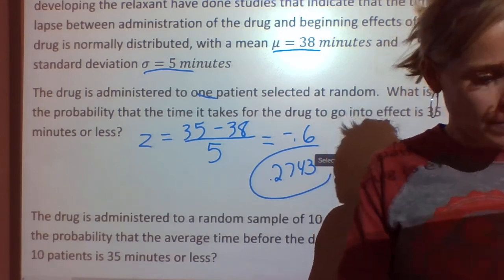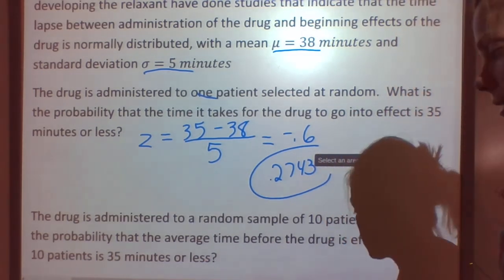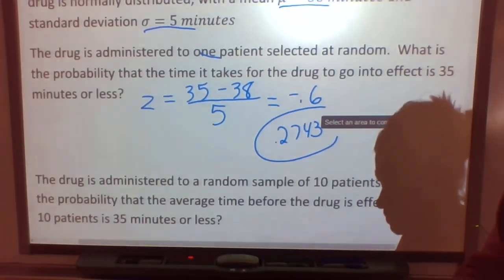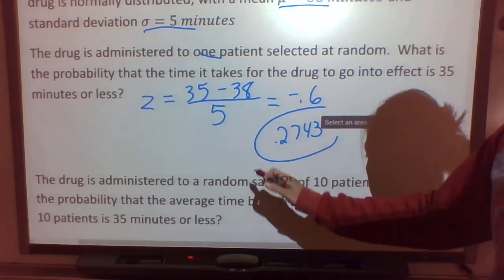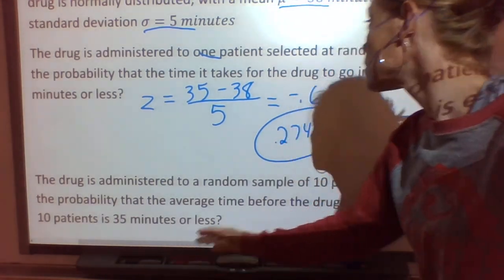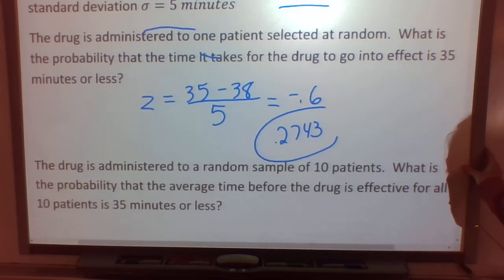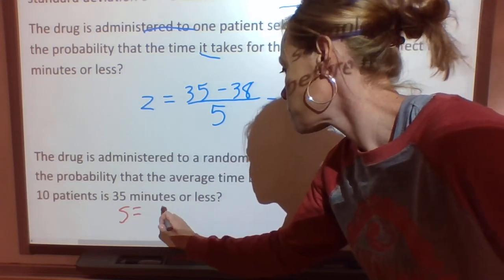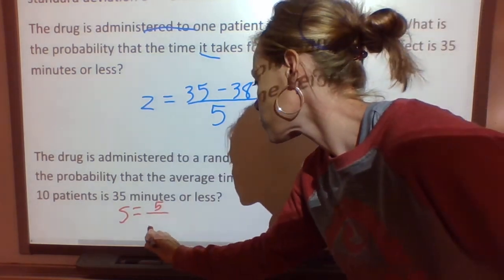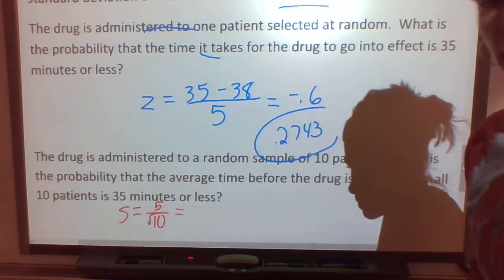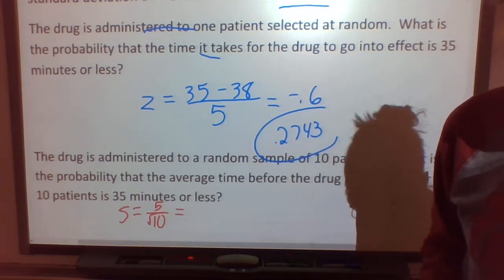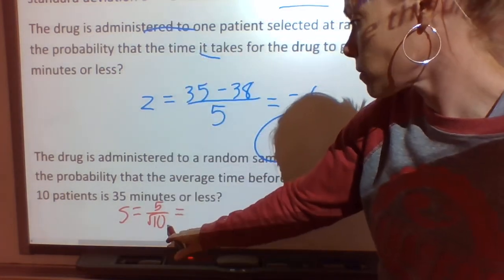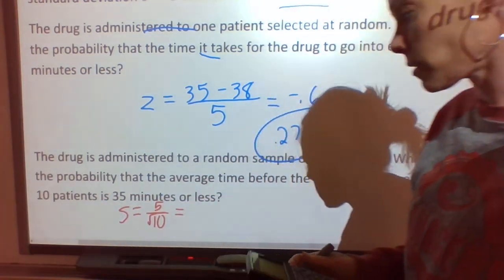Okay, so now how does this change for the 10 patients? For the 10 patients, my mean stays the mean, but my standard deviation is going to change. My standard deviation is now going to become 5 over the square root of n, and I'm sampling 10 patients.